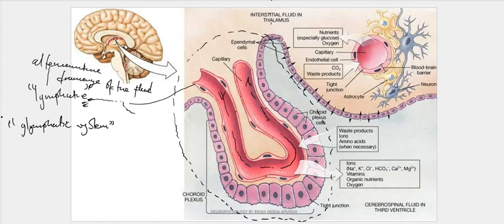As a result, the ventricles or the CSF space will be an alternative for draining these other fluids, using the CSF circulation that we've demonstrated from the choroid plexus up to the arachnoid villi in some of the dural sinuses. So that is good to note.